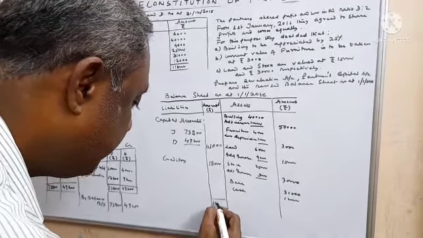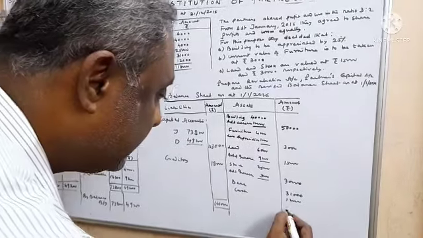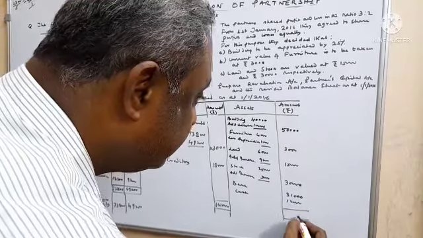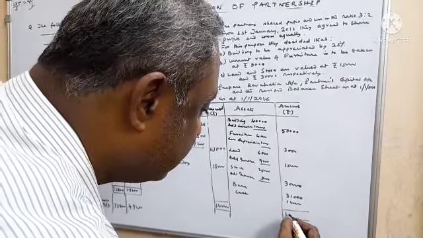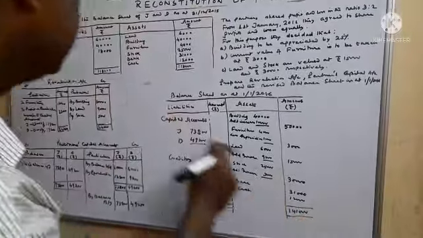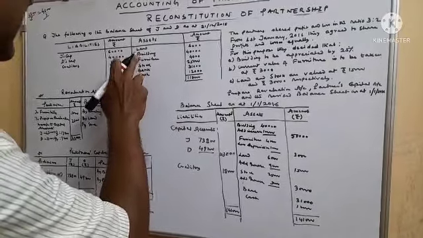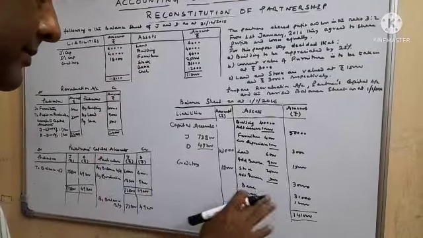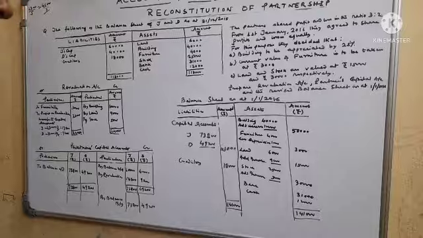Total will be 1,41,000. Both side balances are equal.